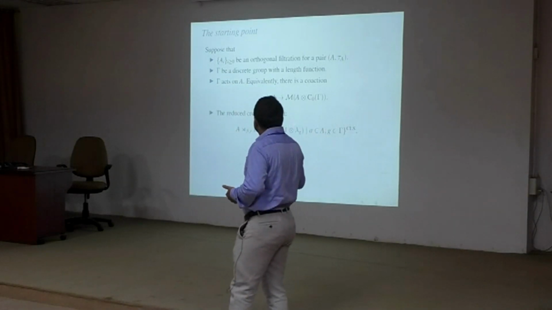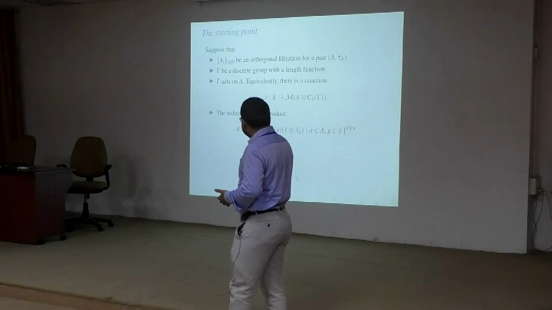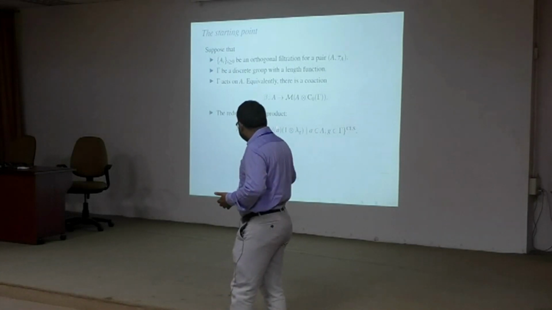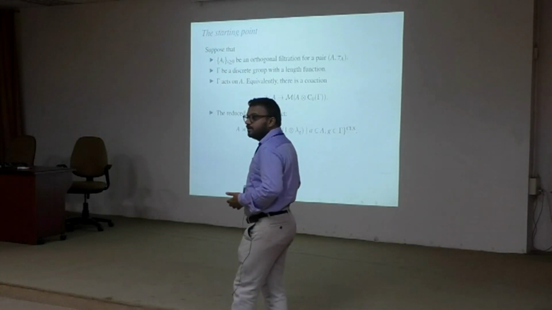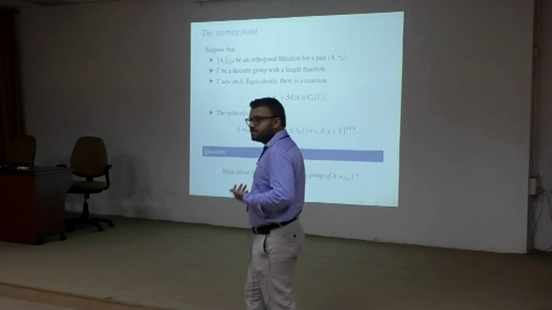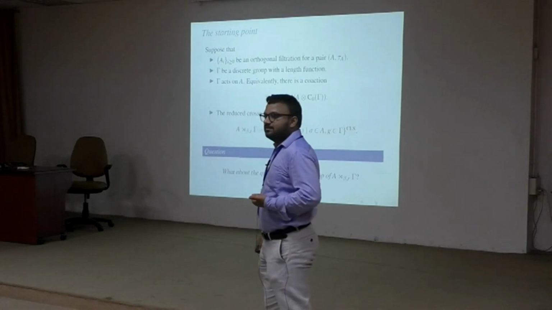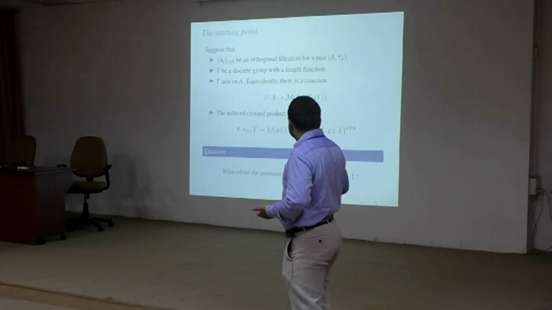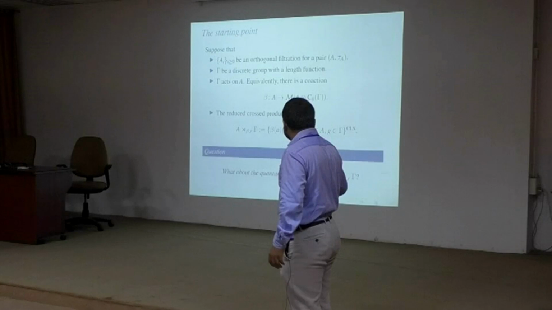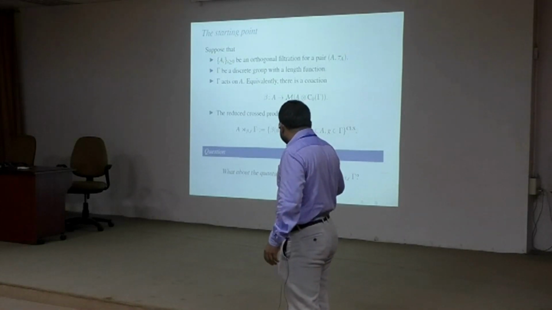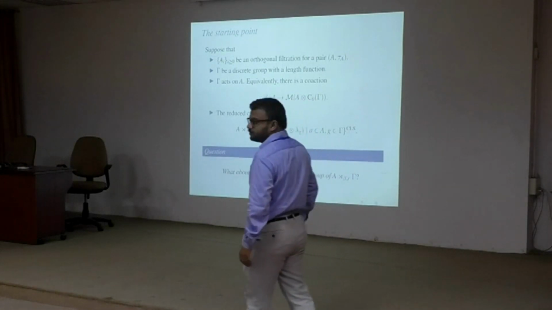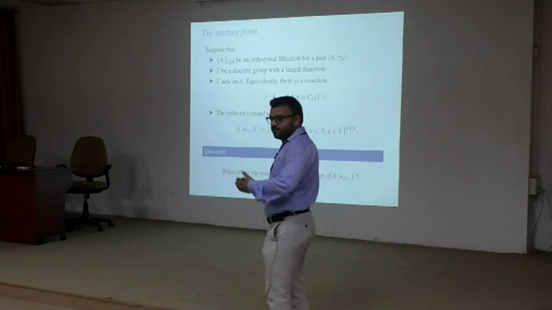The question is, of course, if we have an action of a discrete group on a C-star algebra, then one can form a cross product in this way. What about the quantum symmetry group of this? Can we say anything? If we can, is it possible to relate the quantum symmetry group of this cross product in terms of the quantum symmetry group of A and the quantum symmetry group of the reduced group C-star algebra? This was the starting point of this whole project.